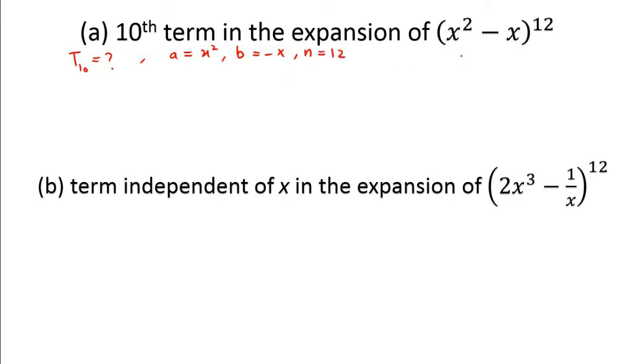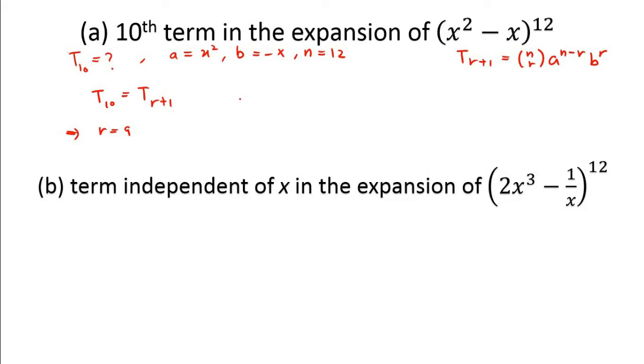Just now we have the general formula, which is, again recap, T(r+1) is basically nCr of a to the power of n minus r, while b to the power of r. Okay, so utilize this formula. If you want to have T10, compare with T(r+1), hence our r should be 9, isn't it?